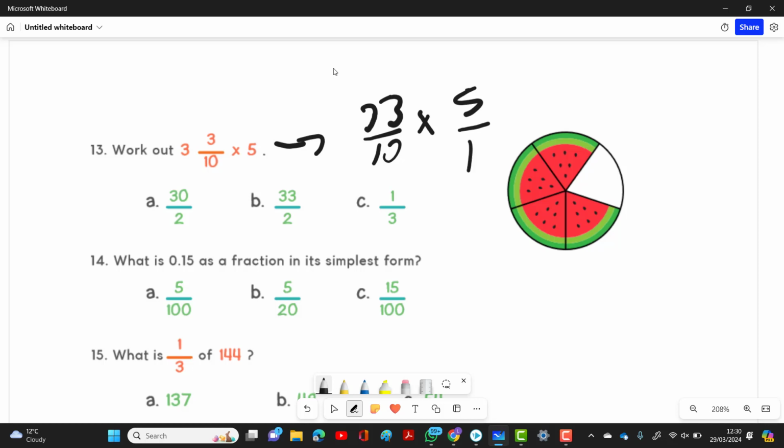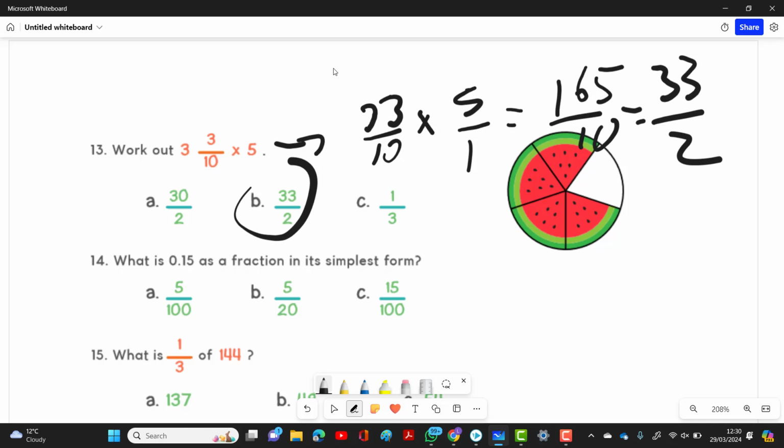So put it over 1. 33 times 5 is 165 over 10. Now both of them are in the 5 times table, so divide both top and bottom by 5. So that'd be 33 over 2. And 0.15 as a fraction is 15 over 100.